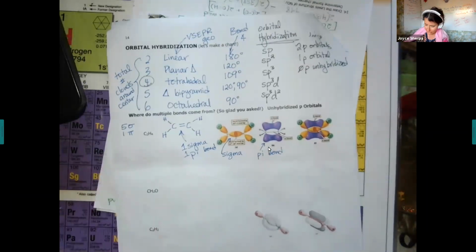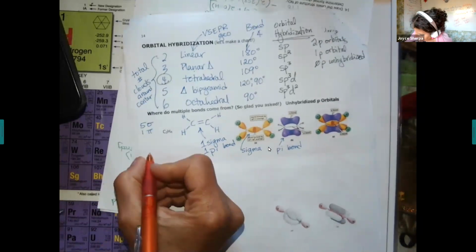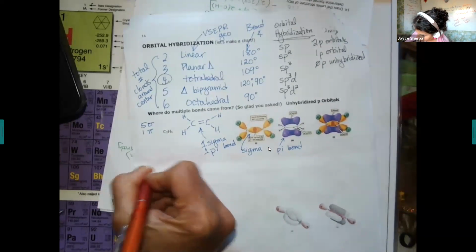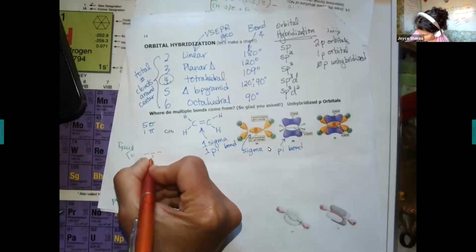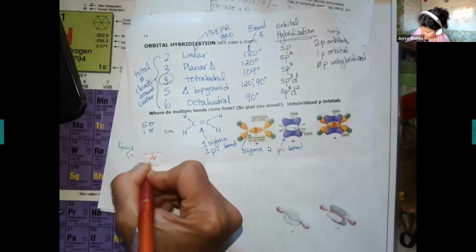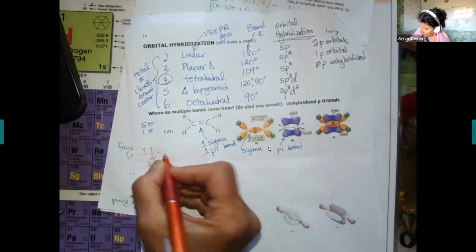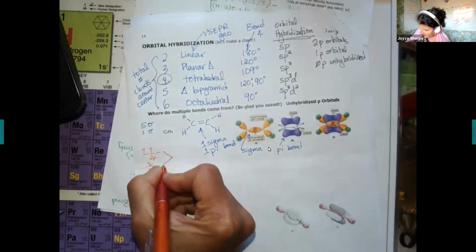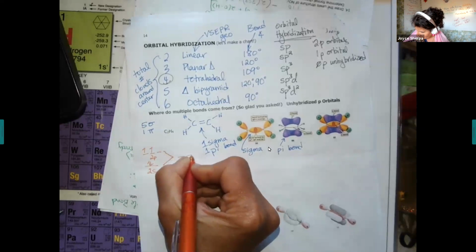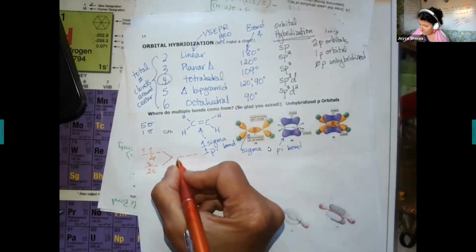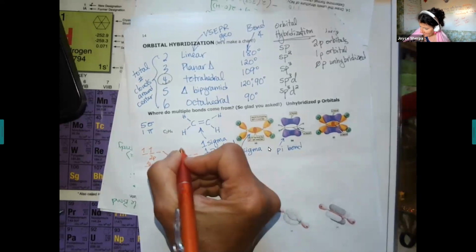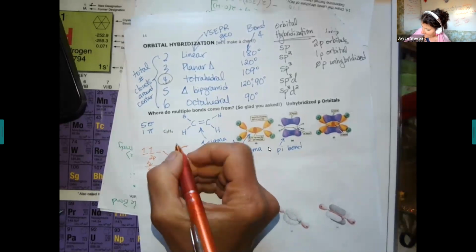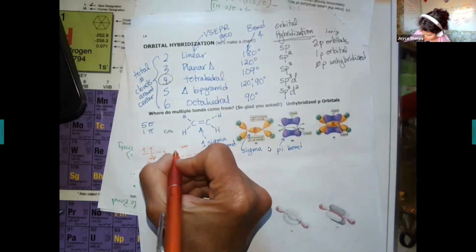All right. What's going on here, and again, you don't have to write this part down, is that if we go back to carbon, which had the 2s and the 2p, it had 2 electrons, 3, 4. What happens when it hybridizes is you only have 3 orbitals that hybridized. So this is sp2, and you still have a p orbital unhybridized.